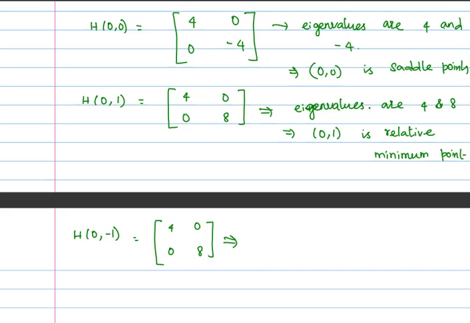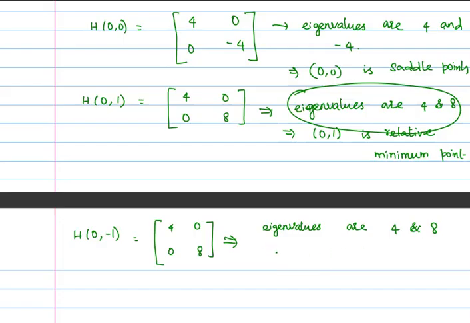The eigenvalues are 4 and 8, and then 0 comma minus 1 is a relative minimum.